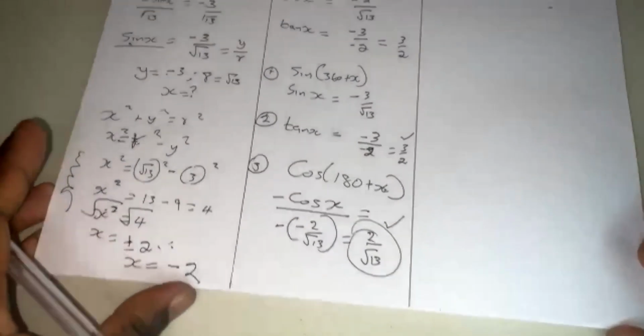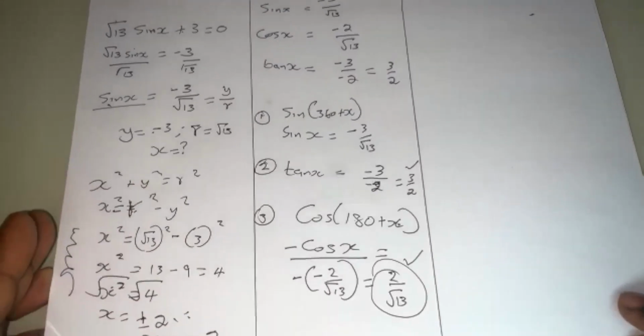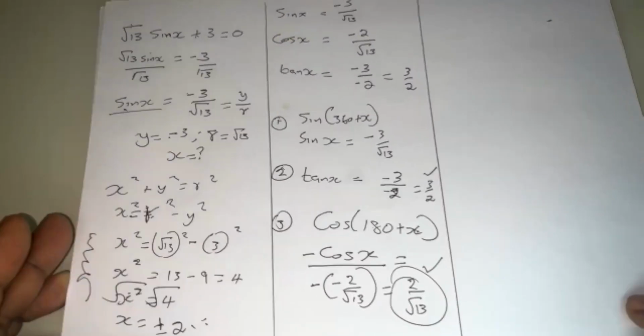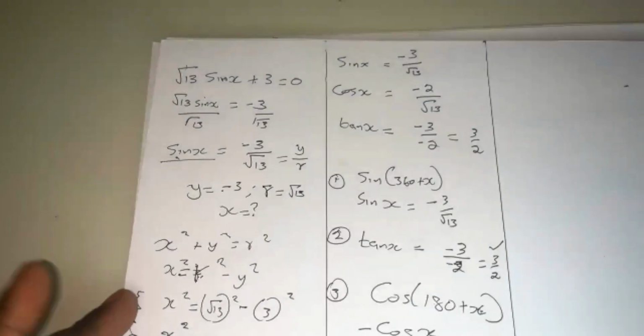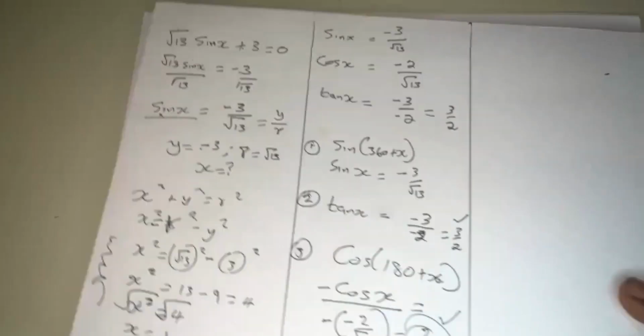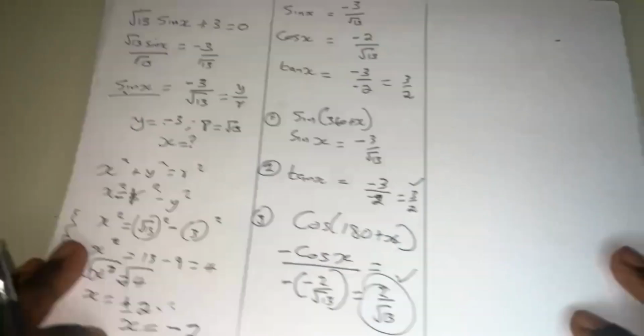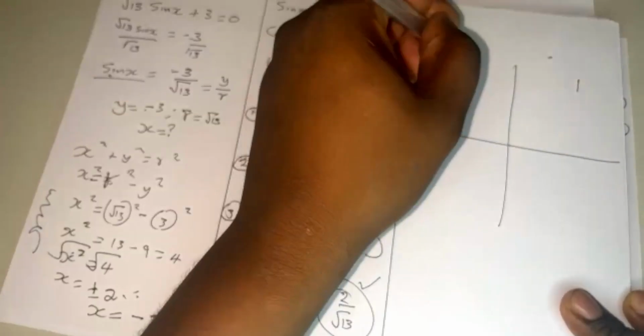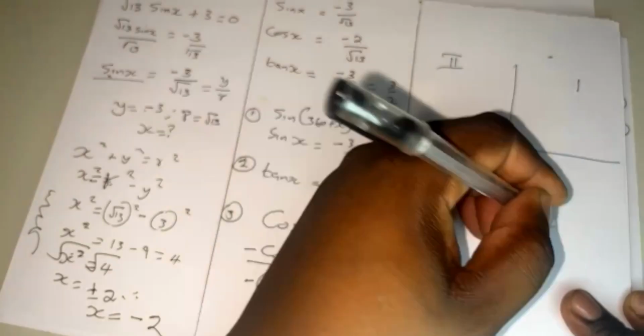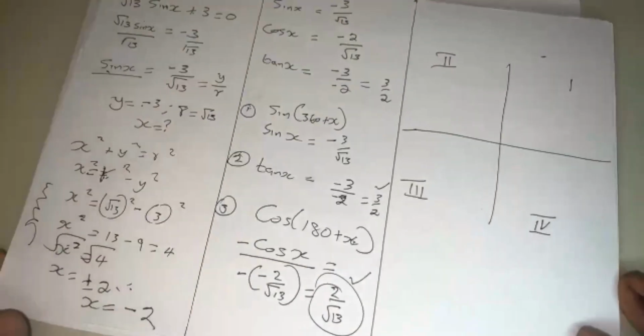There we are. We have answered all the questions by simply doing those things. How can you show a diagram? I forgot, but it's very simple if you understand what we just did. Quadrant 1, quadrant 2, quadrant 3, quadrant 4.